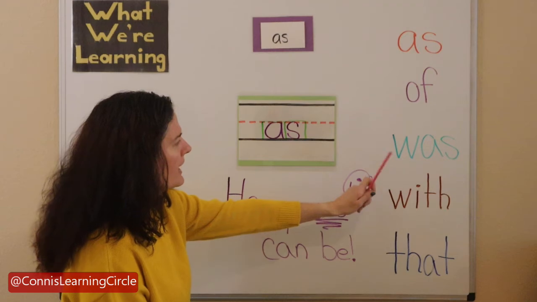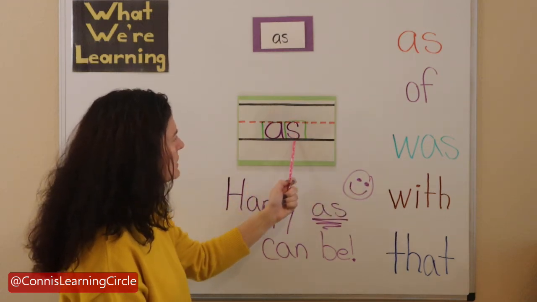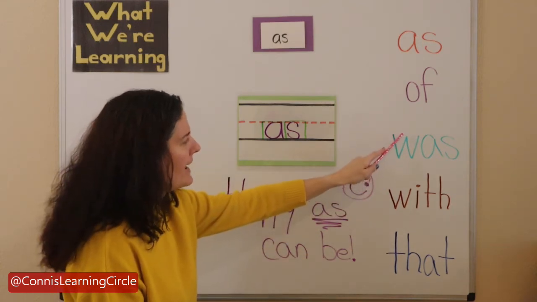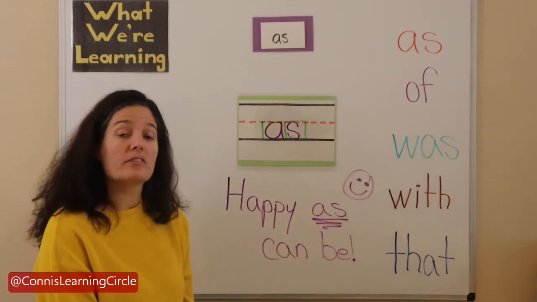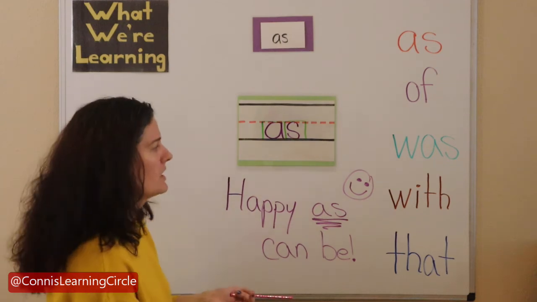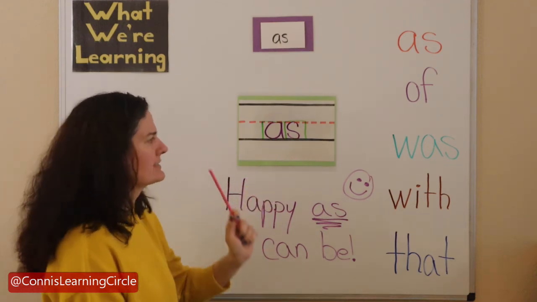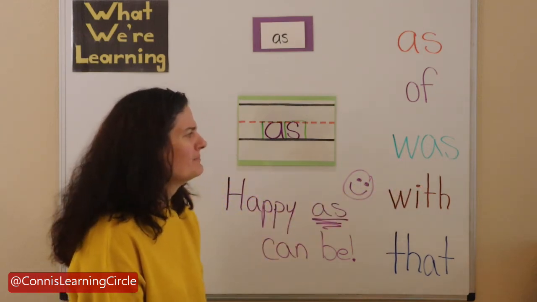Okay. And we said our word as is 2 short letters. Let's look at this. This word has 1, 2, 3 short letters. They're all short letters, but it's still not the right number of letters. And then our word as was spelled A-S. This word is spelled W-A-S.